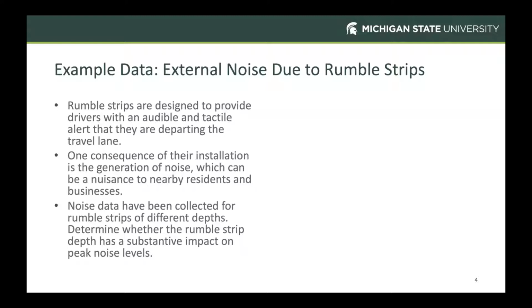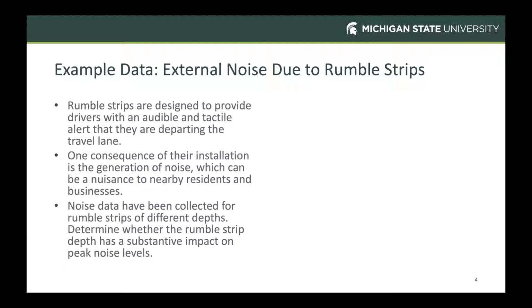They're basically indentations that are milled into the pavement, which provide an alert to drivers to let them know that they're about to depart from the travel lane. And so they provide an audible rumbling sound, hence the name, and then also a tactile alert that drivers feel as they're crossing over either the center line or the edge line.